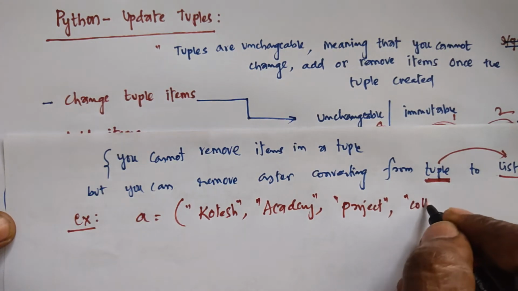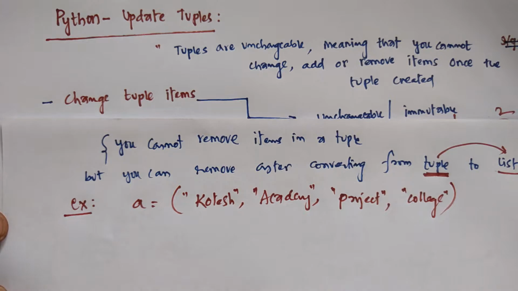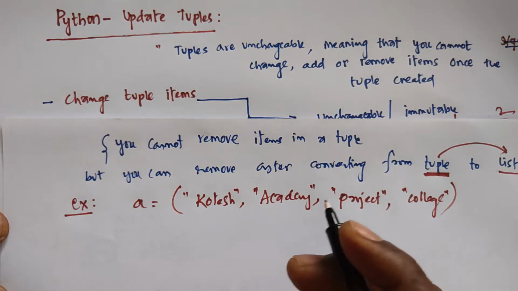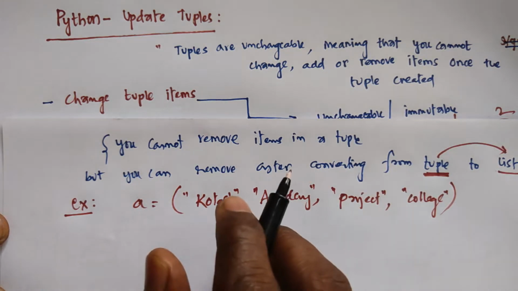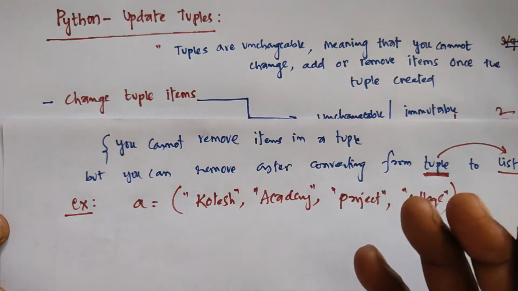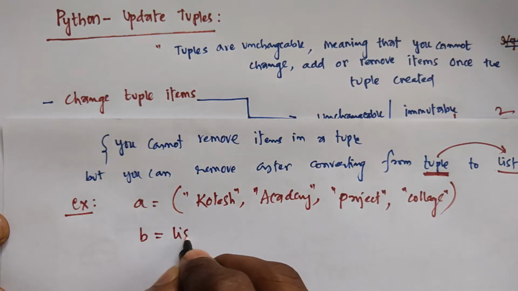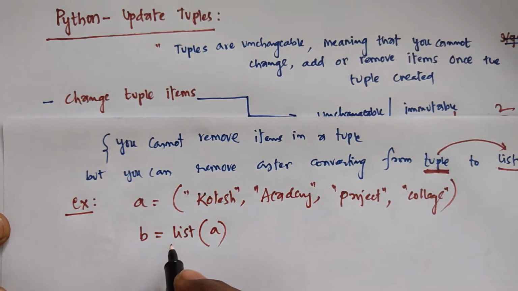Next we are taking college. Now we have to change that. The tuples are unchangeable, so we can't remove items from it, but we can do it after conversion. Then you can take b is equal to list of a. That is converting from tuple to list.